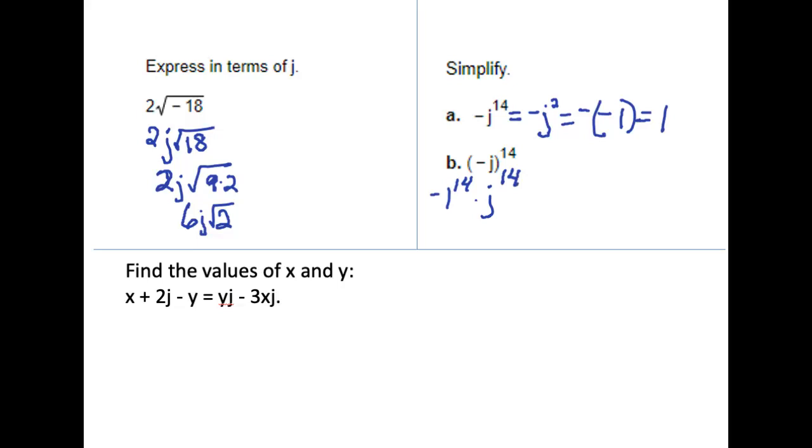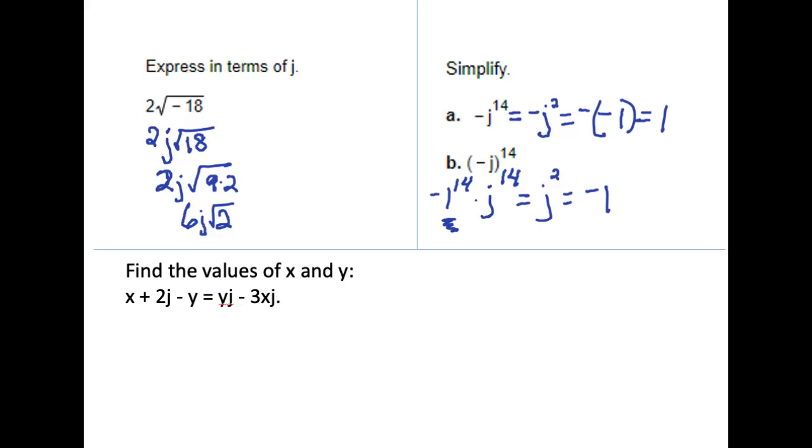Any negative raised to an even power like that is going to be positive, so all of this just becomes a positive 1. And then for j to the 14th, what is the remainder when I divide 14 by 4? That's 2, so that's equal to j squared, and I know that j squared is equal to negative 1. So I've got to be careful. It does make a difference if the negative is inside the parentheses or not.